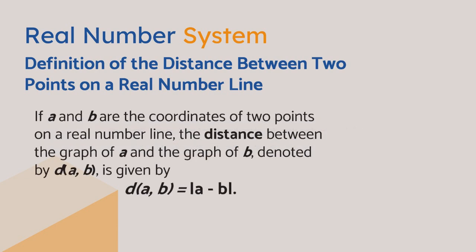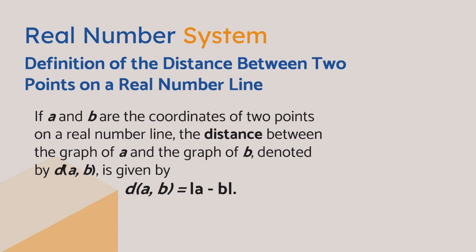Now, let's say on the real number line, you have 2 points. Let's say we have point A somewhere and point B somewhere else, not on the same location on the real number line. And let's say that point A is represented by a coordinate and B also by a coordinate.